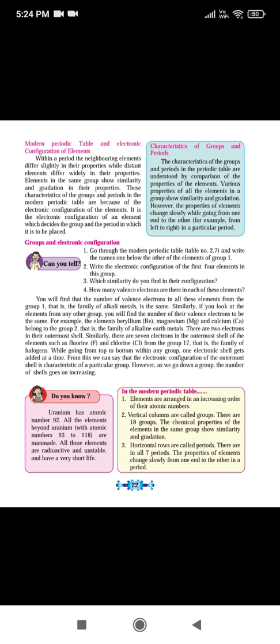That's why they are placed in the 18th group, also called the zero group elements. And the 17th group elements are the halogen family, and they have 7 valence electrons. Therefore there is only need of one electron to complete the octet. That's why they have valency 1.